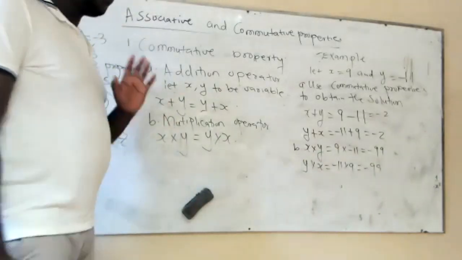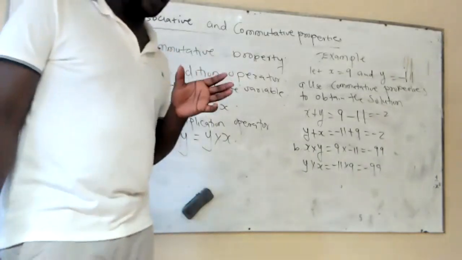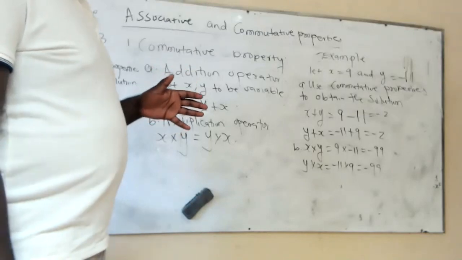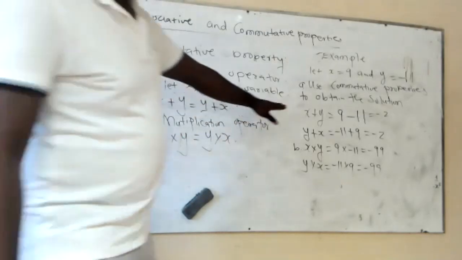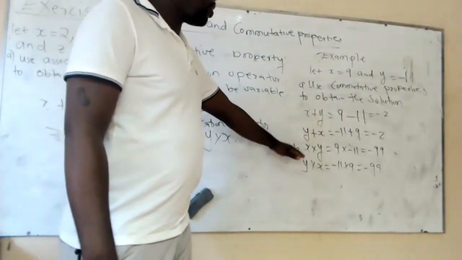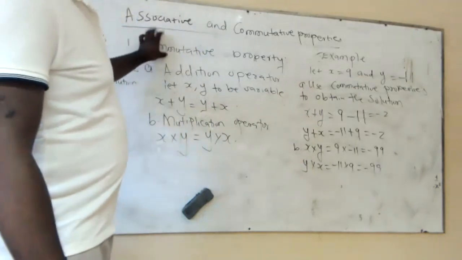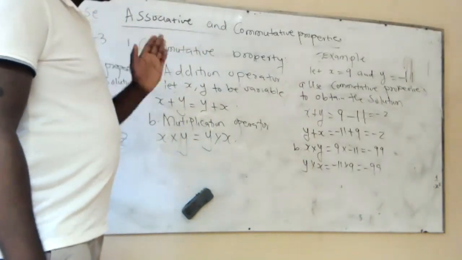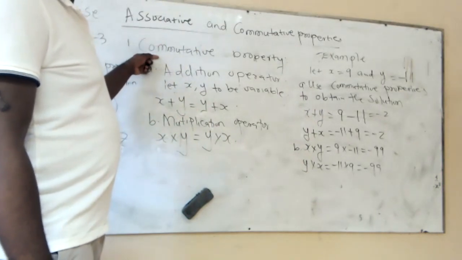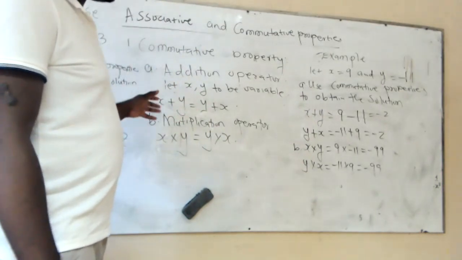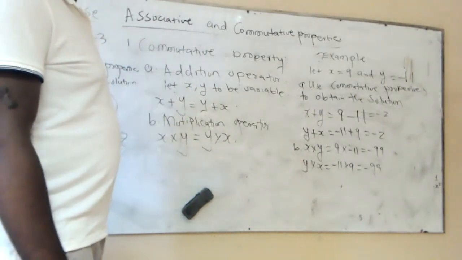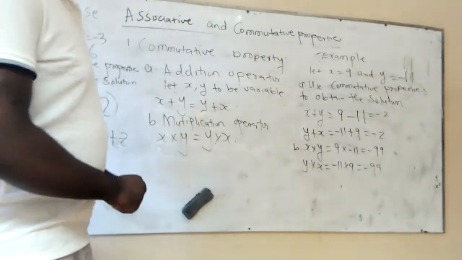I'll remind you when we are applying this on questions, because this is just to show that these properties work. But we are going to have specific questions where you will need to apply these properties. I will remind you when we do those specific questions, and you're going to apply them a lot. That I can promise you.